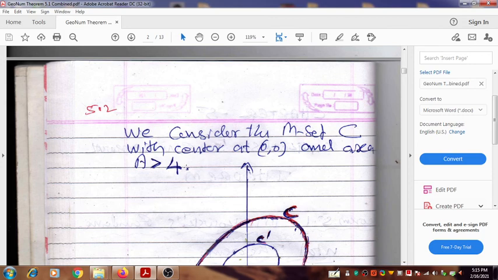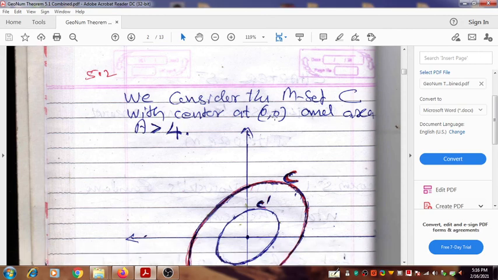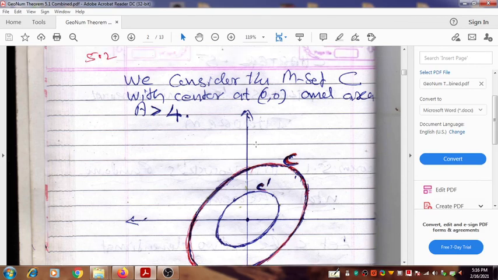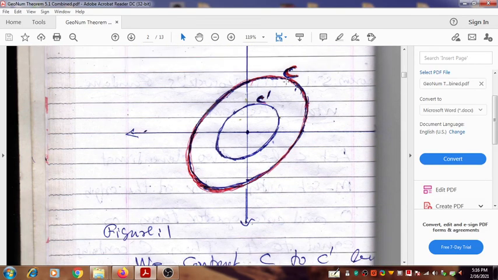For that, we consider an M set C having area greater than 4 with its center at the origin (0, 0). You can refer to this figure. C is that M set having center at the origin.